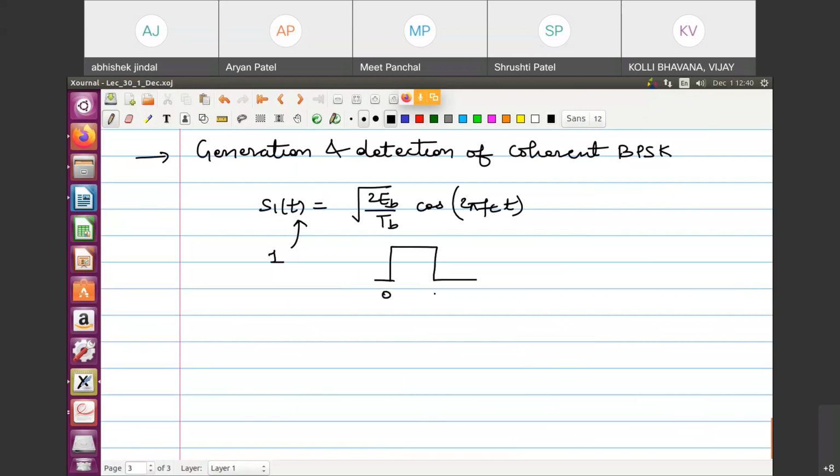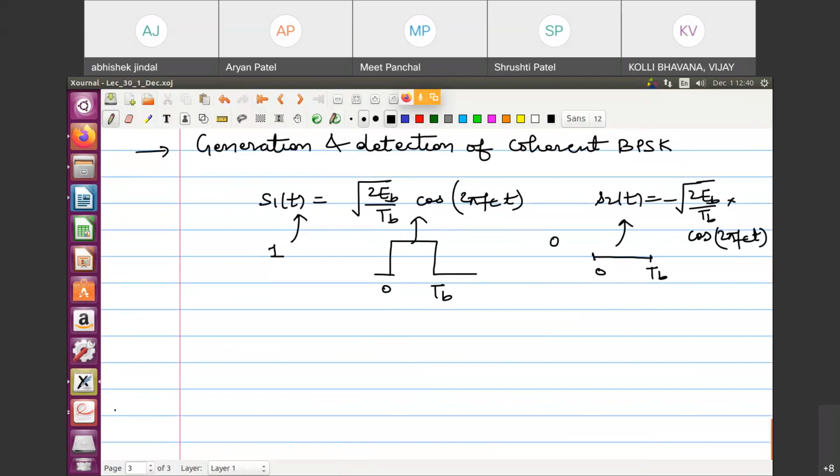Hence, from 0 to TB, this waveform exists. Same is happening with 0. From 0 to TB, this exists, and this is represented by S2t, which is minus root of twice EB by TB into cos of 2 pi FCT. Now, what is this really? This is an NRZ waveform.